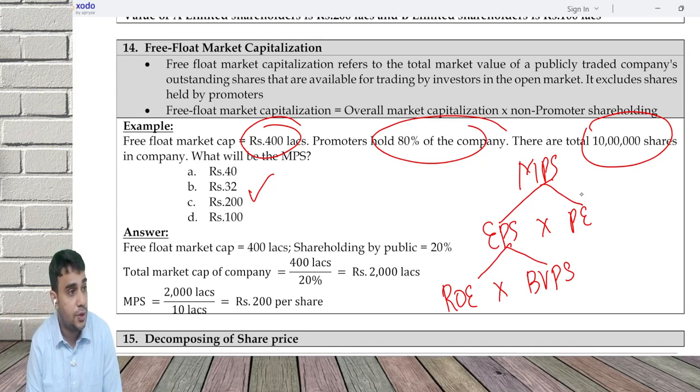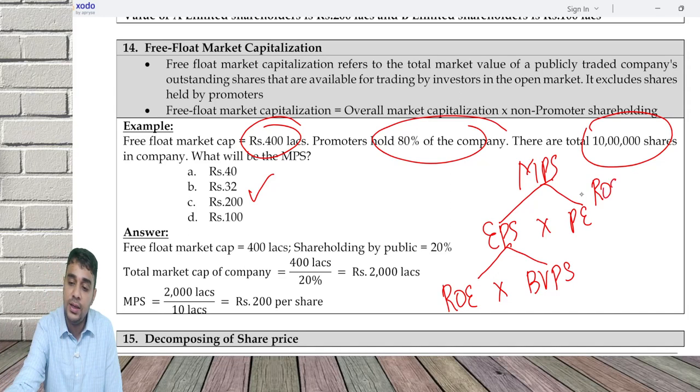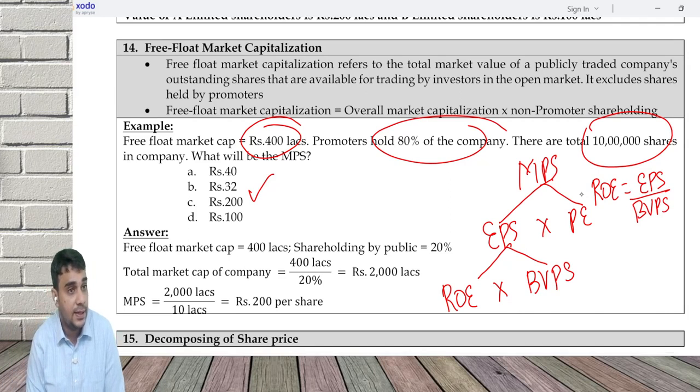If you remember the formula for ROE, it is EPS divided by book value per share into 100, or EAES, earnings available to equity shareholder, divided by amount of equity. EAES, if you divide by number of shares, you get EPS.